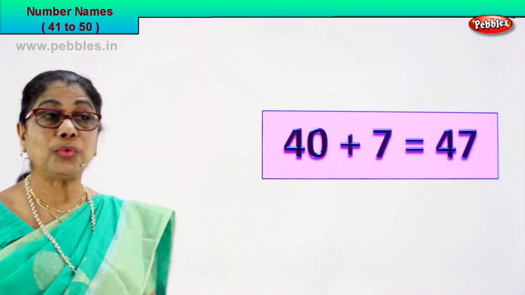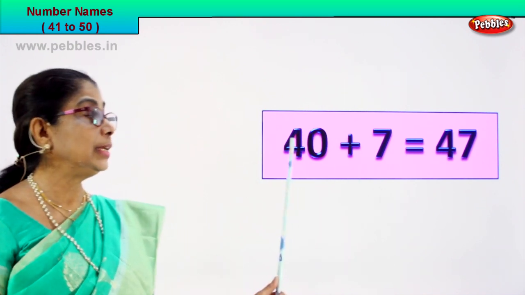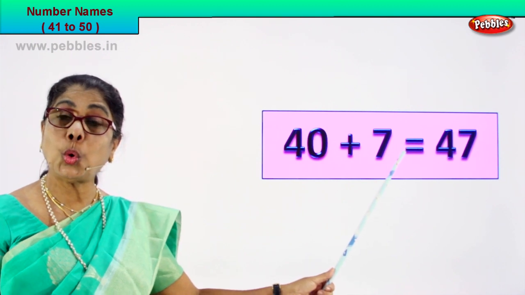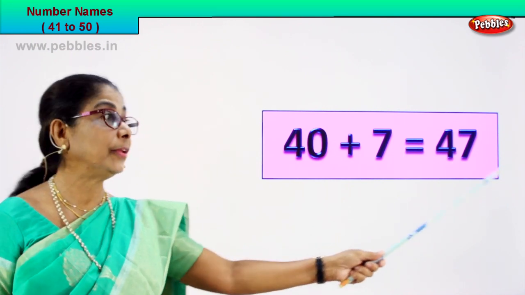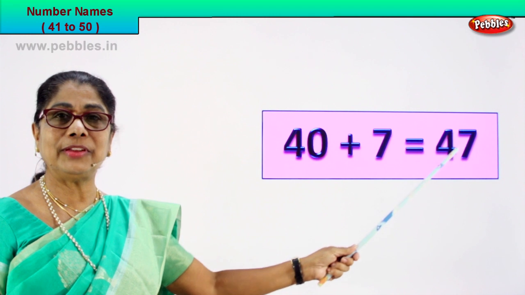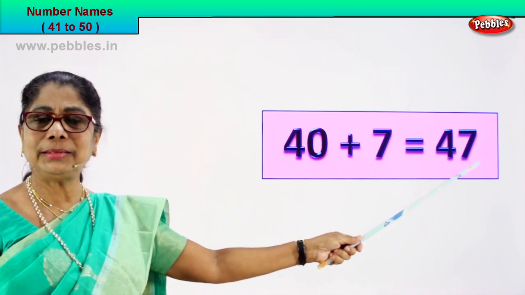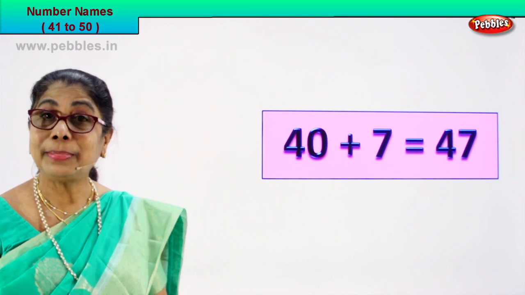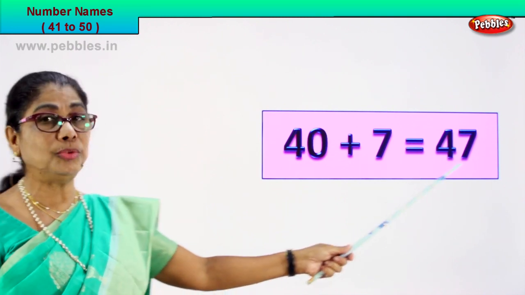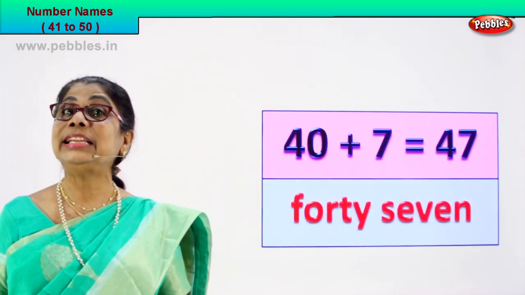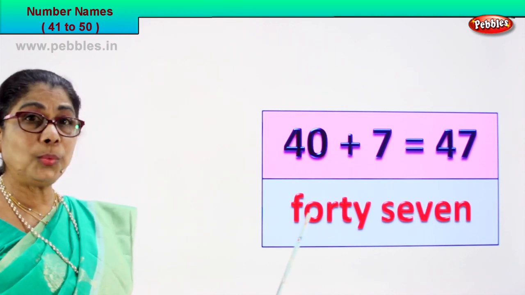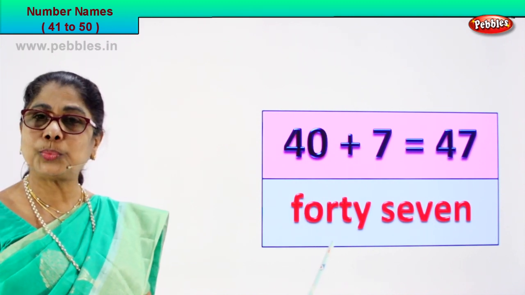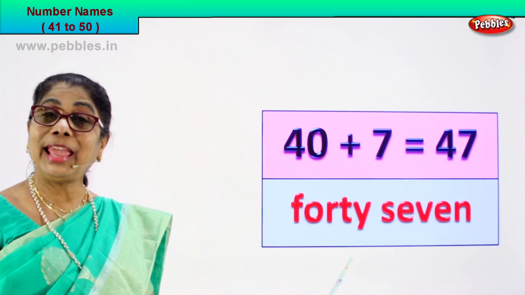We can also read this as 40 and 7 more is equal to 47. This numeral, we have to write its name. Look what we have. Read and spell with me.